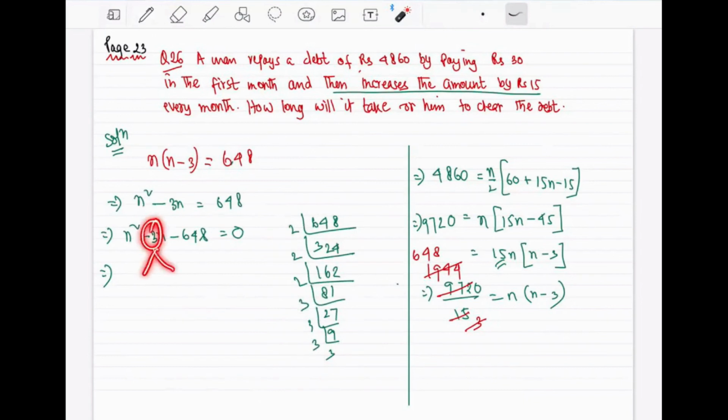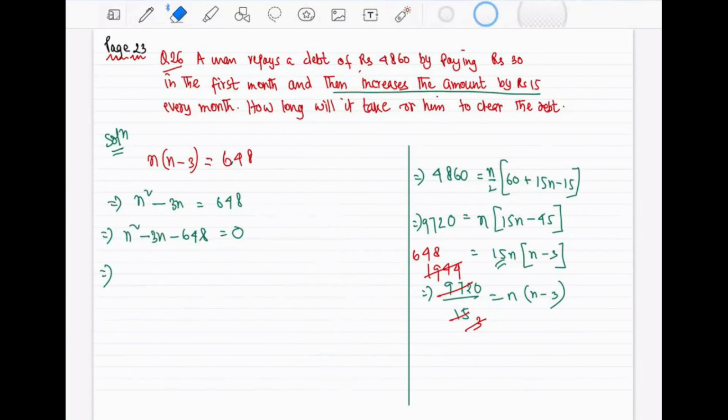So this 3 here can be split into 27 and 24. So n square minus 3n is split as 27n minus 24n. Let's open the bracket.